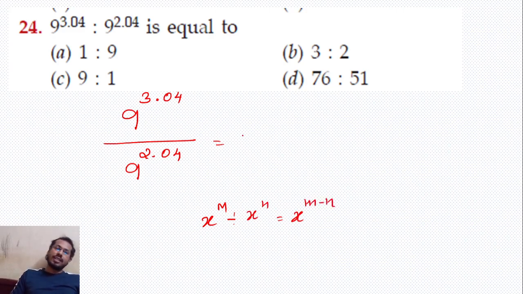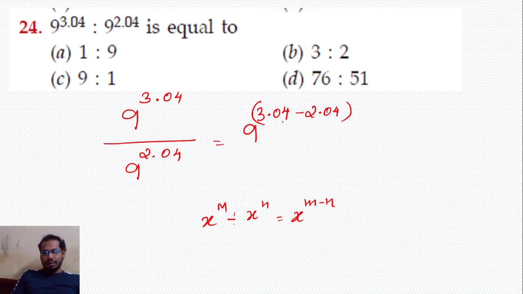So just write 9 power 3.04 minus 2.04. That is nothing but 9 power 1, which is equal to 9. So our answer will be 9 is to 1.